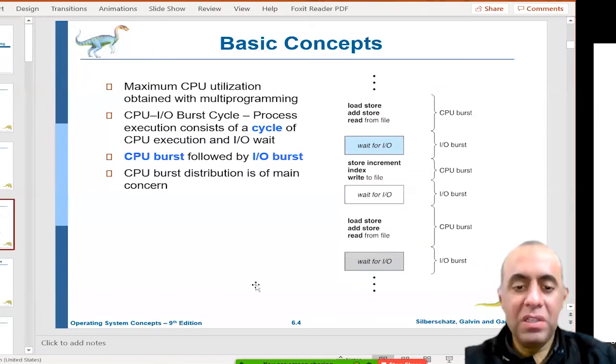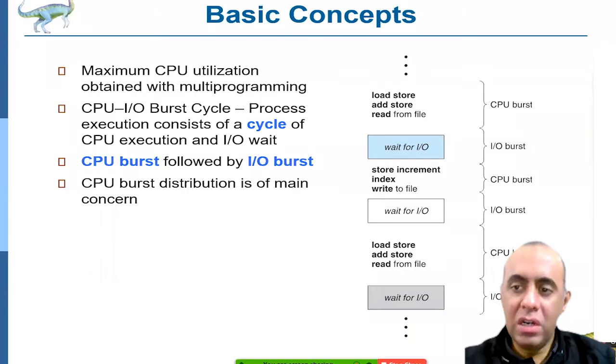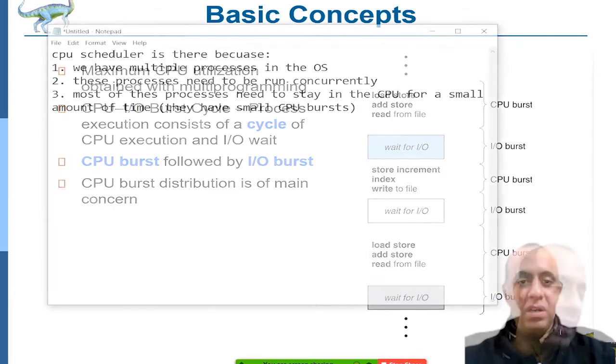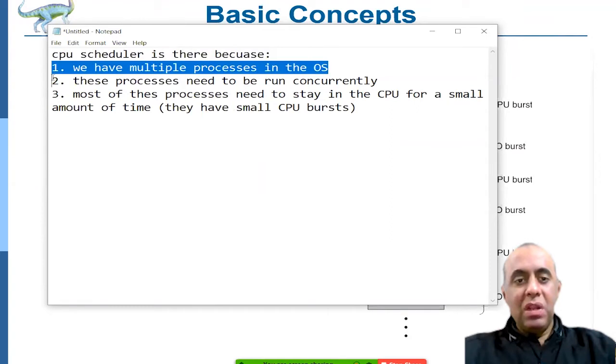The first basic explanation is that there are multiple processes running in the operating system, and we want all of them to run concurrently, at least, or sometimes in parallel if we have a multi-processor system. So the CPU scheduler is there because, number one, we have multiple processes in the operating system.